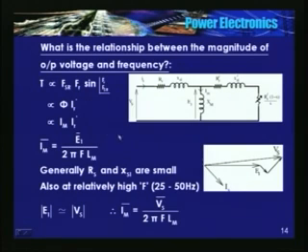Now this flux phi is produced by the current flowing in the magnetizing branch, so phi is proportional to Im. Now what is Im? Im is given by E1 divided by 2 pi f into Lm.